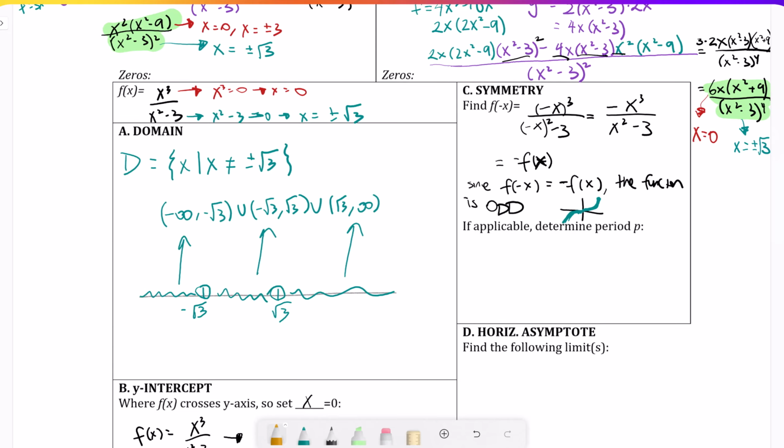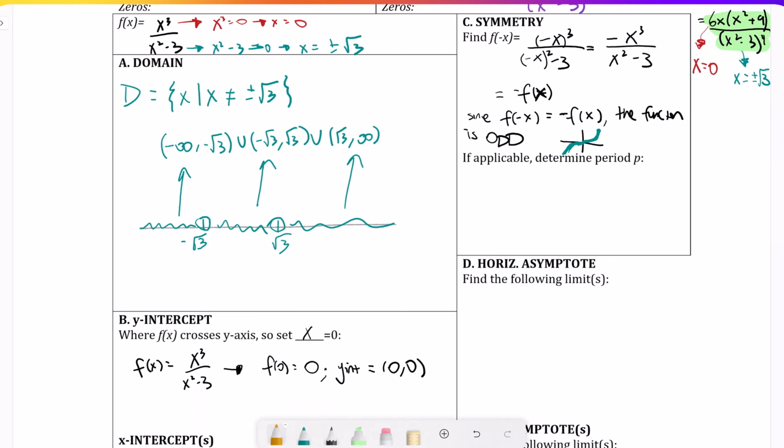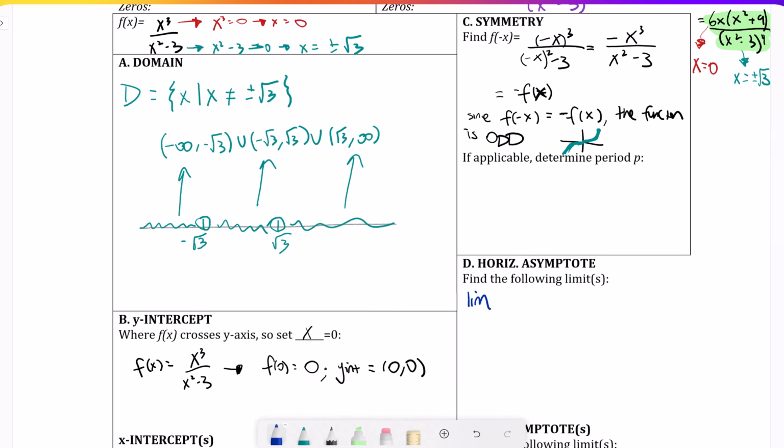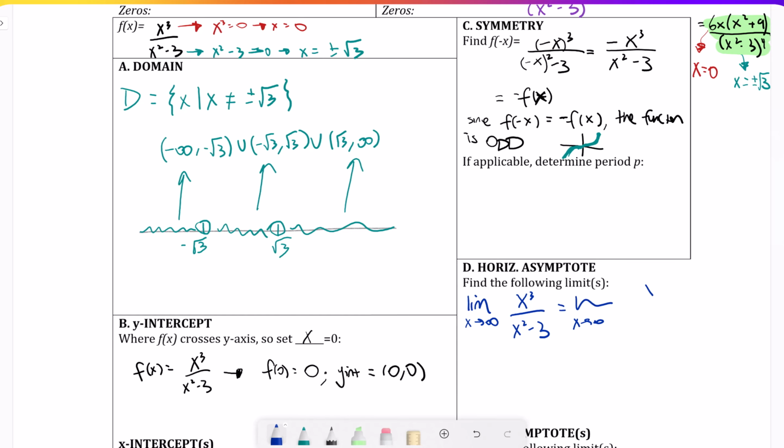Next is horizontal asymptotes. So to find a horizontal asymptote, we need to find the limit as x goes to infinity of x cubed over x squared minus 3. It's going to be the limit as x goes to infinity of x cubed over x cubed, over x squared over x cubed minus 3 over x cubed.